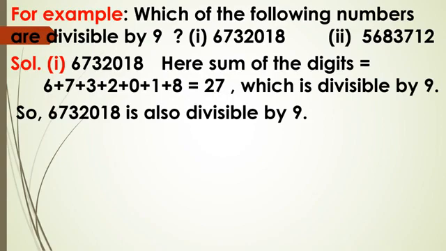So find out the sum. 6 plus 7 plus 3 plus 2 plus 0 plus 1 plus 8 equals 27. Is 27 divisible by 9? Yes, it is divisible by 9. So 67,32,018 is also divisible by 9. The same we will do in the second example also.